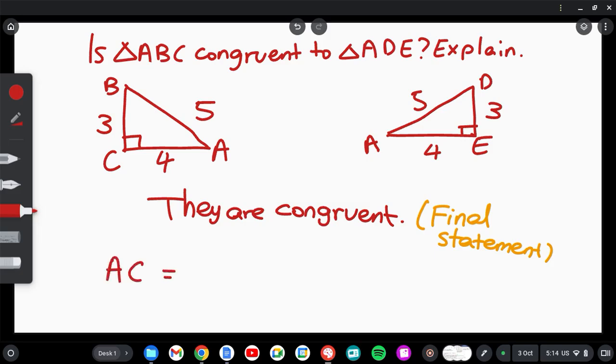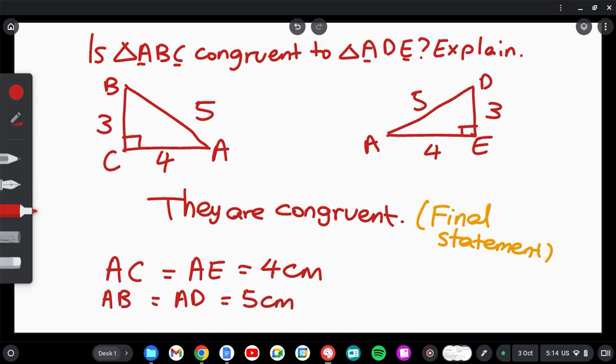AC is equal to AE. Always make sure you follow the lettering correctly. If there's a value, you will say that it is 4. In this case my units are in cm, so it will be cm. AB equals AD equals 5. Very good.